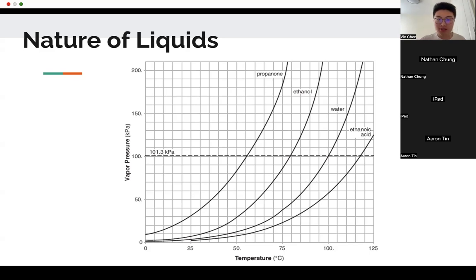At the standard pressure, which is 101.3 kilopascals, the boiling point of propanone is somewhere around 55, 56 degrees Celsius versus water's 100 degrees Celsius. Now, this means that propanone is a more volatile liquid.